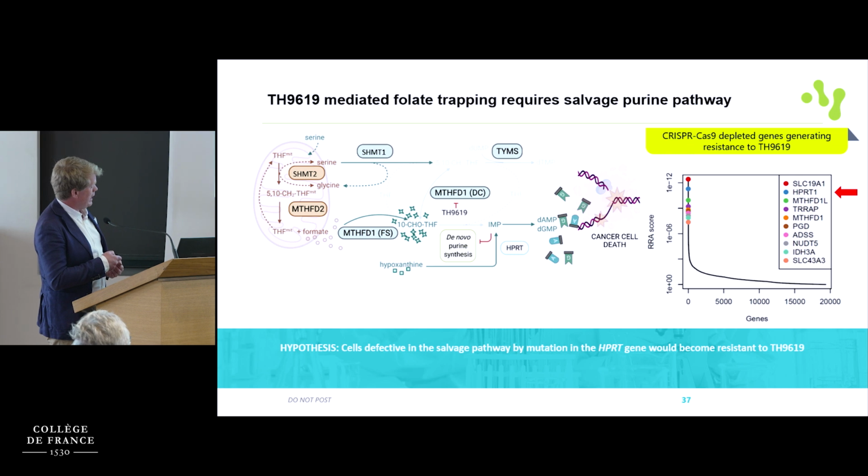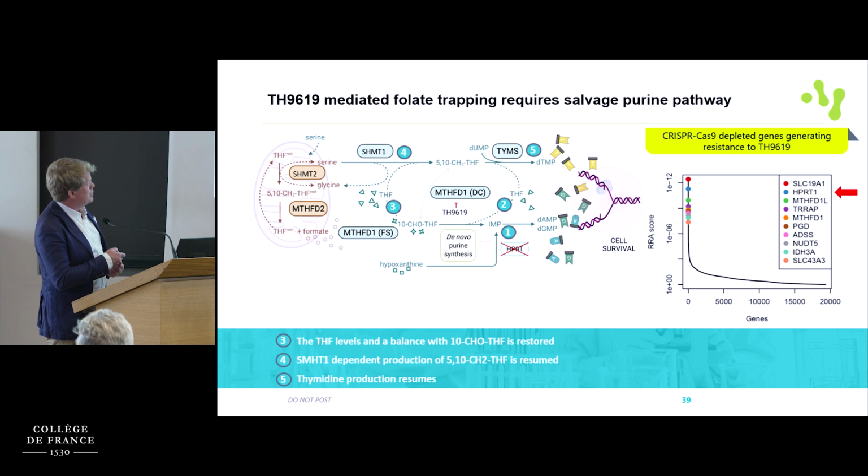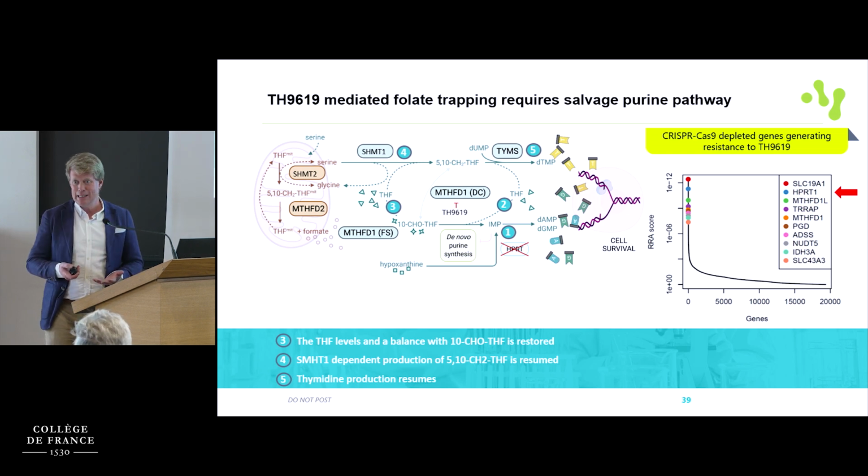HPRT is converting hypoxanthine into IMP, and that blocks the de novo synthesis pathway. So mutating this one, now you don't get inhibition of the purine pathway. You release this folate trap and generate tetrahydrofolate, which then can be used to make thymidine. So this all makes sense.